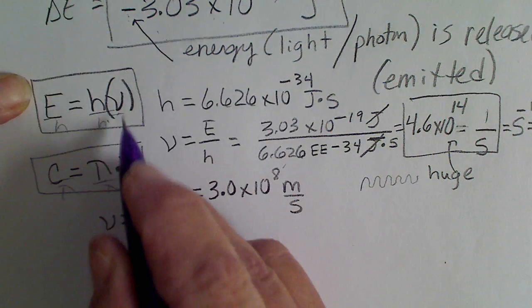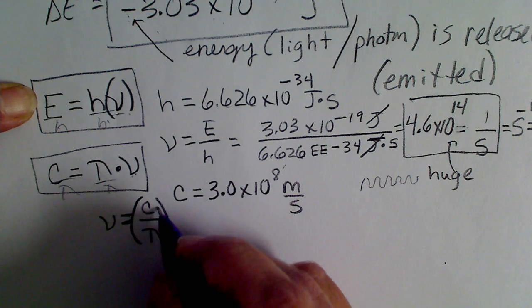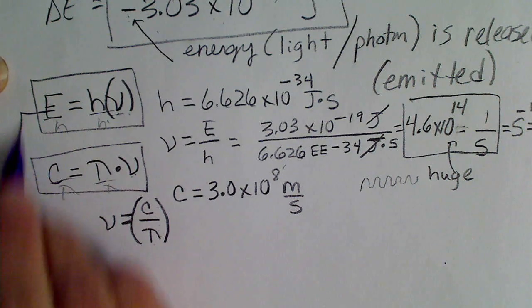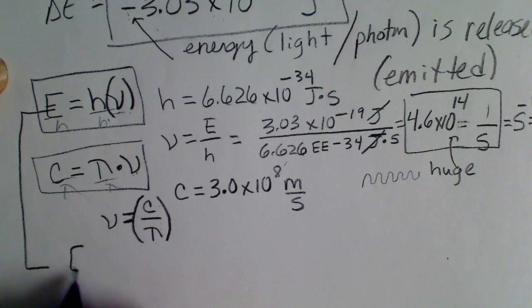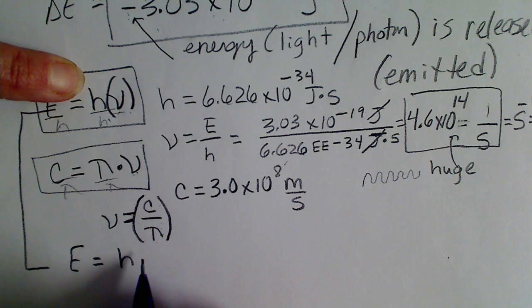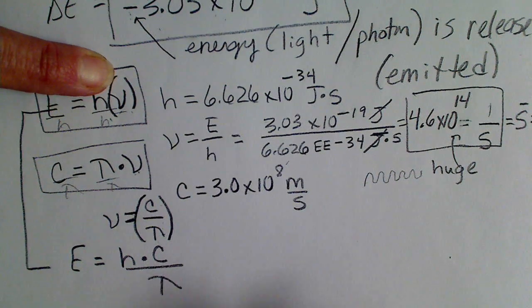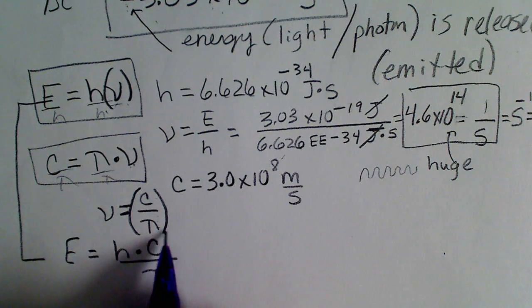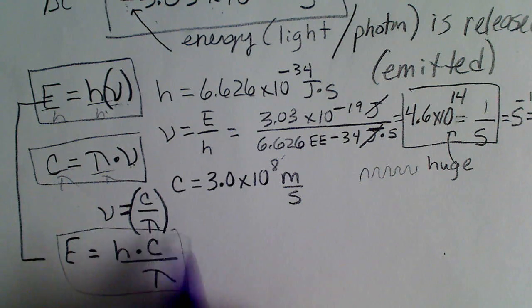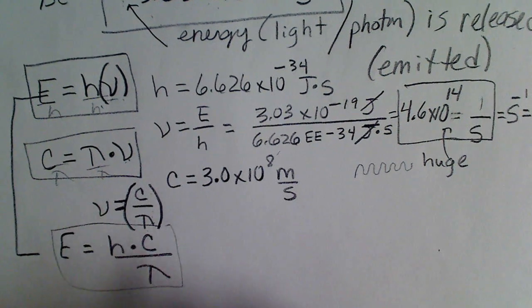So instead of writing frequency here, if I write frequency in terms of the speed of light and wavelength, I can rewrite this equation as E is equal to h, Planck's constant, times frequency, but frequency is the speed of light divided by wavelength. So these two equations fundamentally are the same thing. We're just substituting for that value.